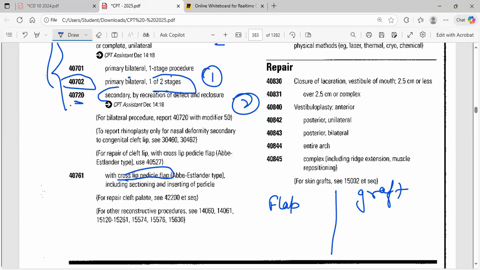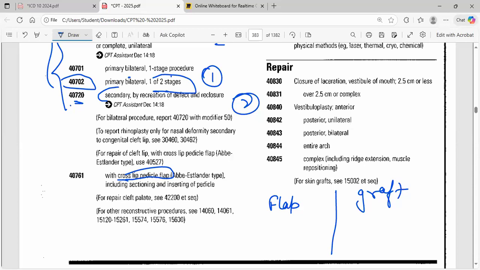Any answers? What is the difference between flap and graft? Ma'am, graft only includes the upper layer like epidermal, and flap may include deeper portions of the skin.